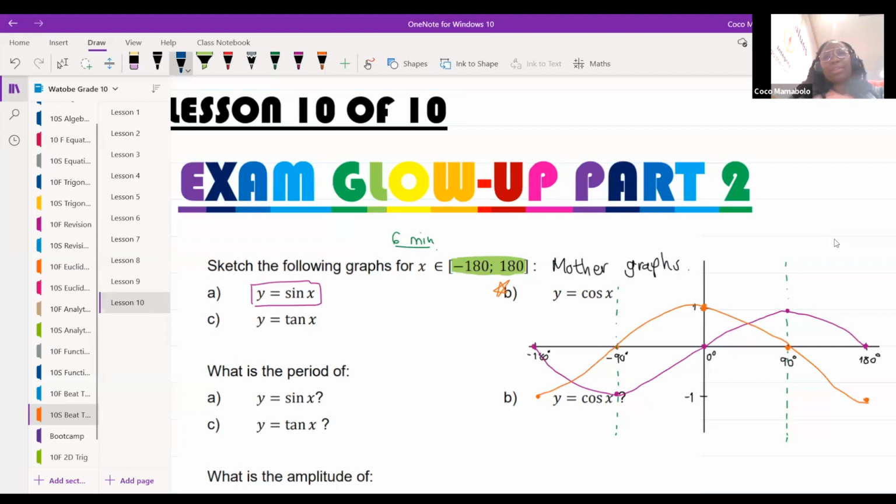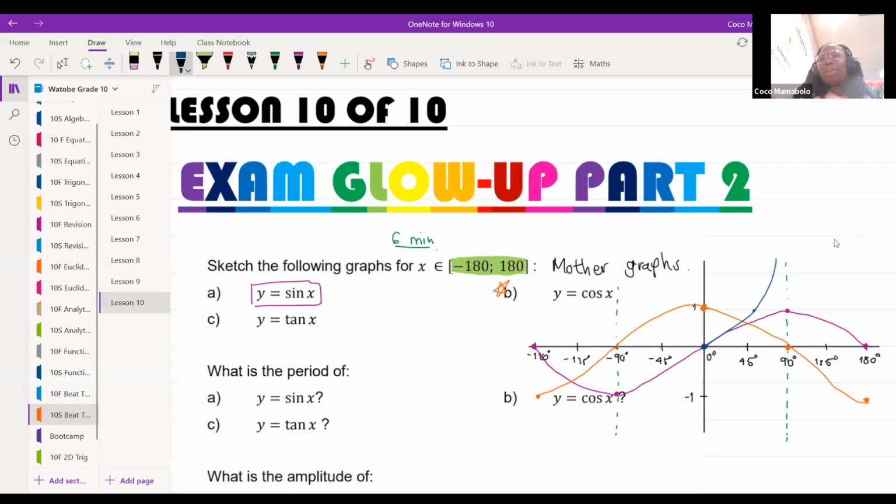But we know that tan of 0 is also 0, right? And instead of looking at tan of 90, because that's going to give us a problem, we're going to look at tan of 45 over here. On this side, tan of 135. And on this side, tan of negative 45 degrees and tan of negative 135. So I know that tan of 45 is 1, right? So my graph on this side should go up like that.